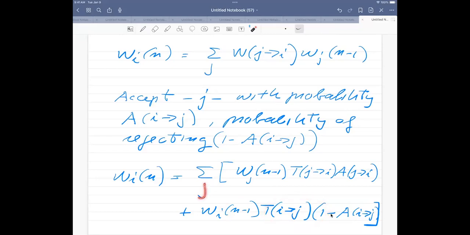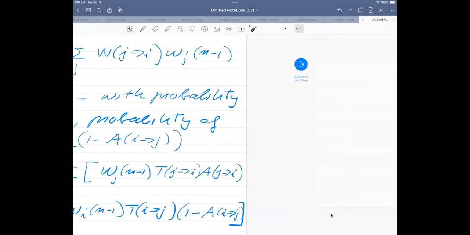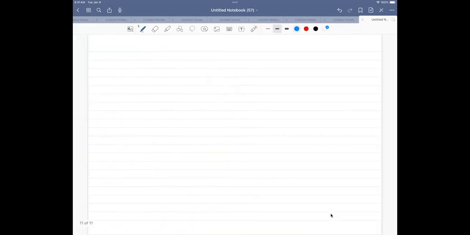Since this sums over j, this has to be properly normalized. So if I look back at the definitions of these probabilities, I have a term where I'm summing over j, with w_i of n minus 1 multiplied with T of i going to j.